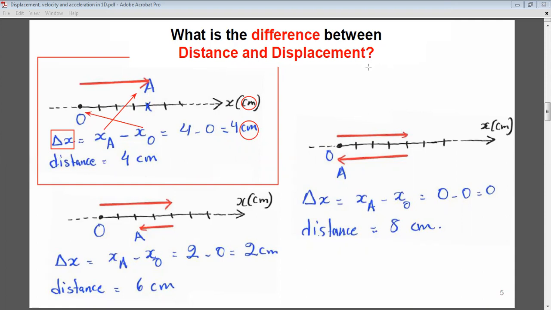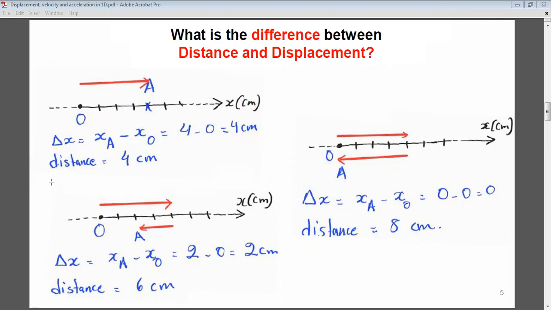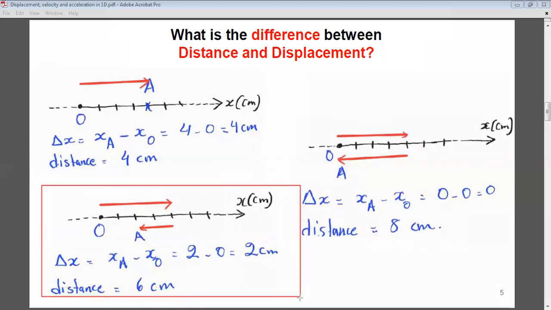Now, let's take another important example. There is an object that started at O, went all the way until here, and then went back until point A. So what is displacement?